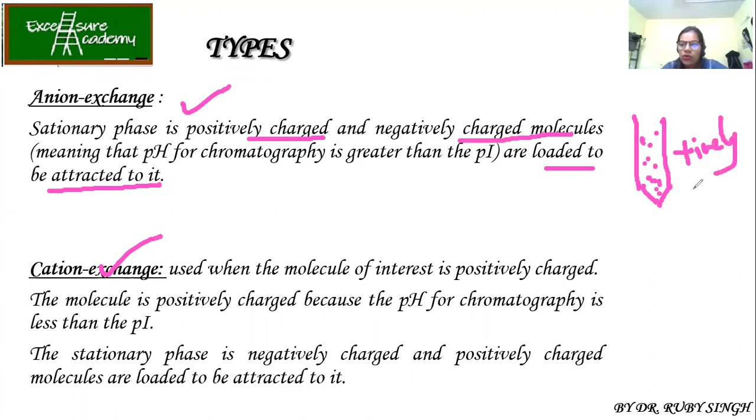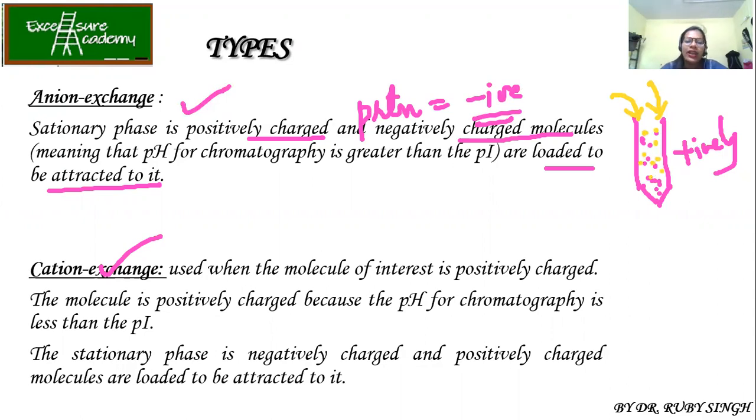Okay. Now your proteins need to be negatively charged. So here your protein should be negatively charged. Okay. So what will happen when you pass the sample over here? Wherever the positively charged matrix is there, the protein will bind through ionic interactions. Okay.